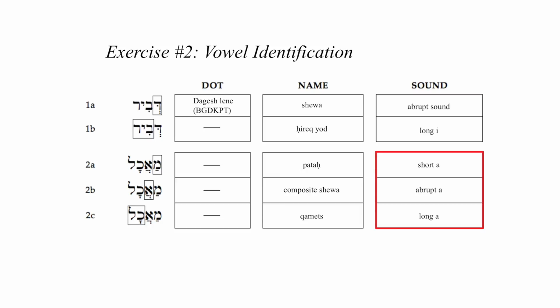And then in the last portion of the word, we've got the komets, which is a long A. So if I were to pronounce this word, I would pronounce ma'akal, ma'akal. So identify the dots, identify the names of the vowel notations, identify the sound as a means of getting us ready for being able to read Hebrew aloud.